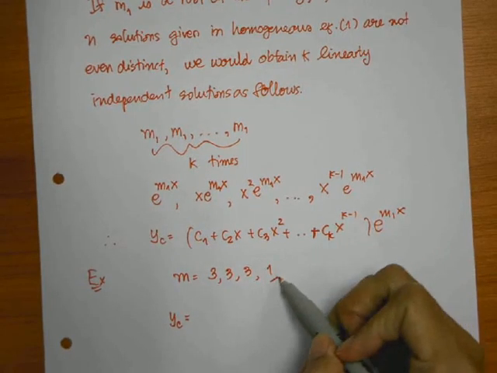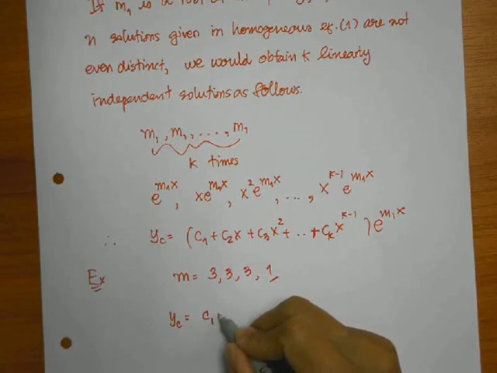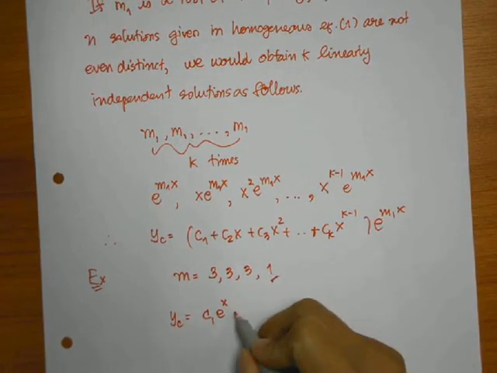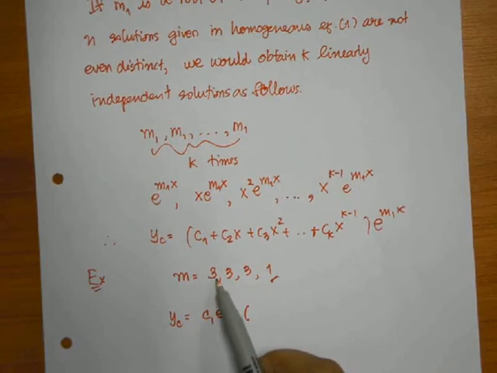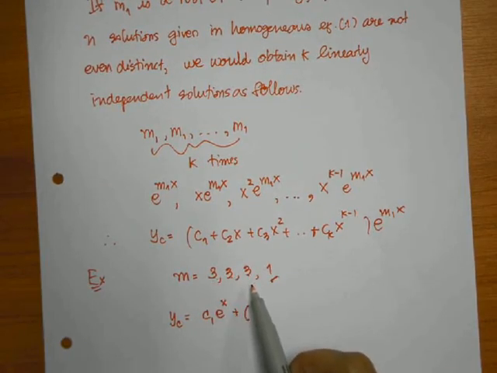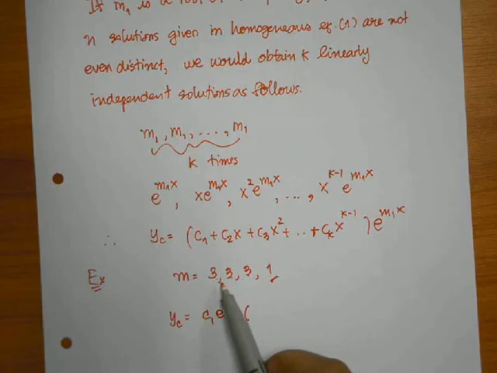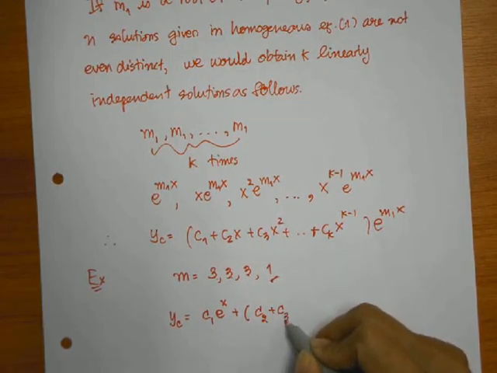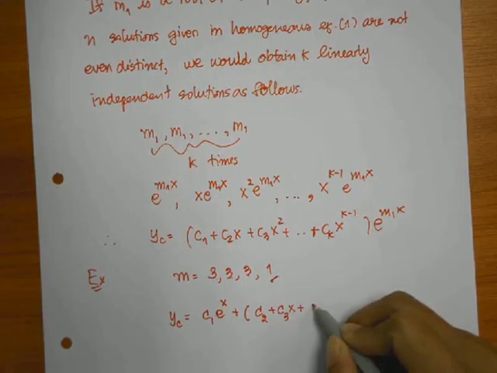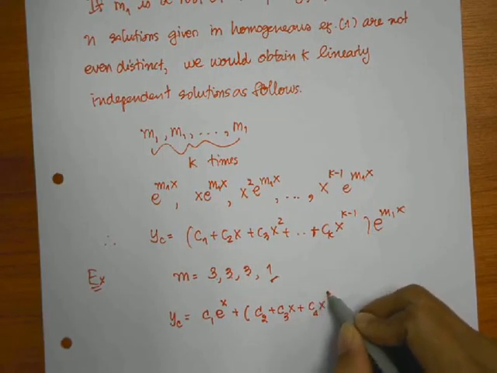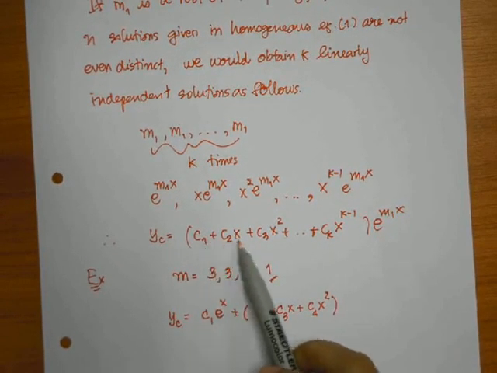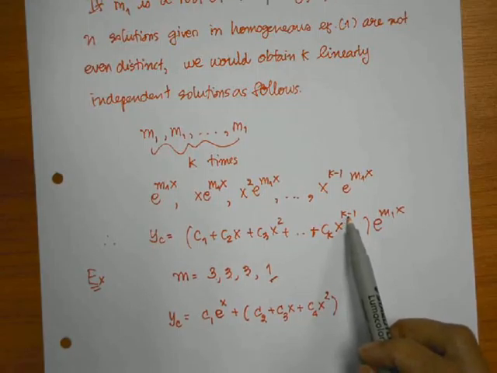So for this one, you get C1 times exponential of x. That's from 1. Plus, now we have 3 terms here, which is the repeated root. This one you would get C2 plus C3x plus C4x to the power 2. That's it, right? Because you got to write it down until x to the power k minus 1.